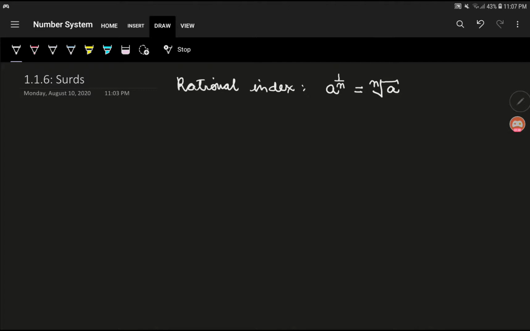Okay, so first thing first, as usual, we must know what Surds are, what is the meaning of Surds. So, definition.